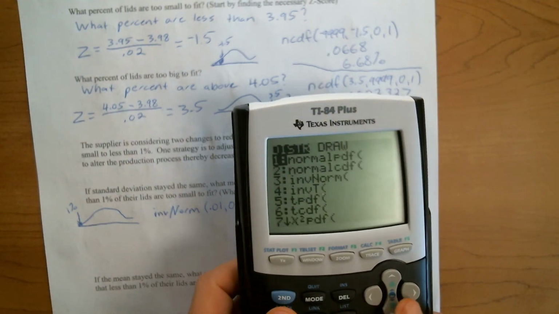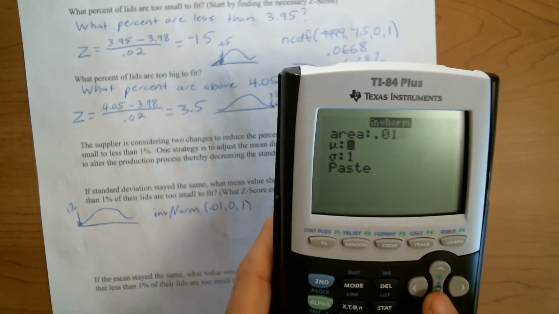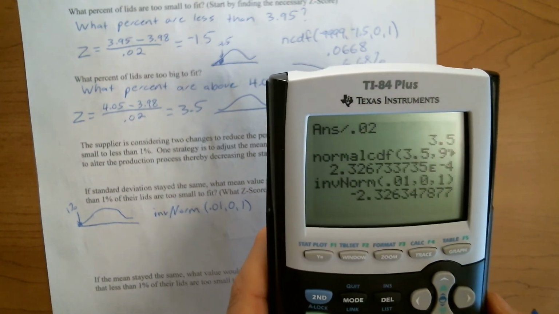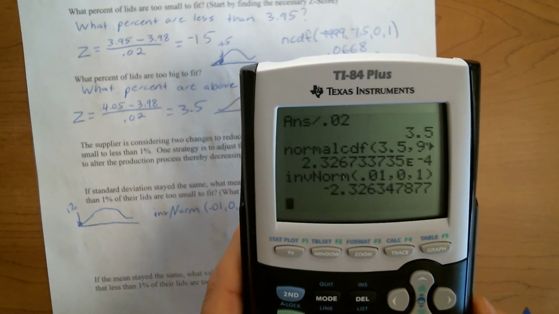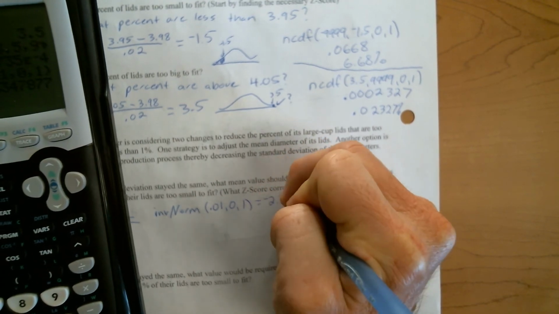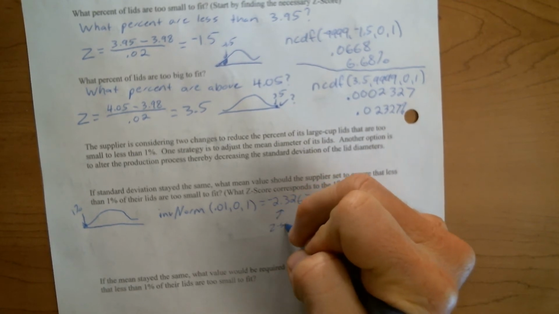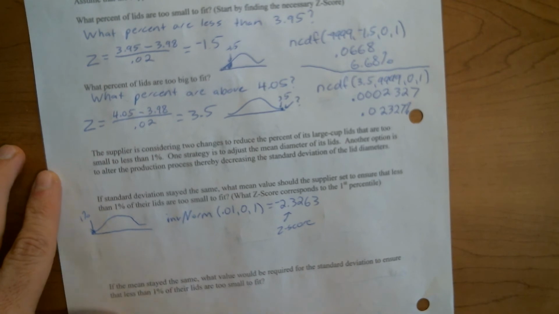All right, so inverse norm of 0.01, mean of 0, standard deviation of 1. And we get negative 2.3263. All right, so this is my z-score.